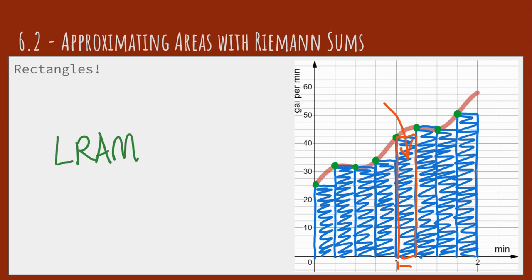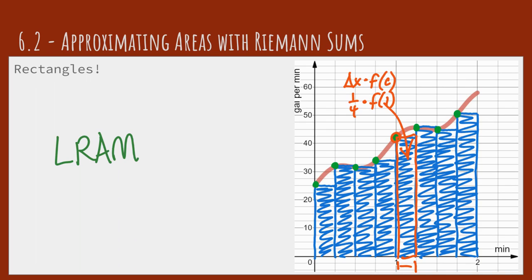This width right here, we're going to call delta x because it's a change along the x-axis. So we're going to take the width, which is delta x, times the height, which is the value of the function at some point. In this particular example, the width is going to be 1/4, and we're taking the value of the function at 1 because that happens to be the x-coordinate, or the t-coordinate in this case, of the left endpoint.